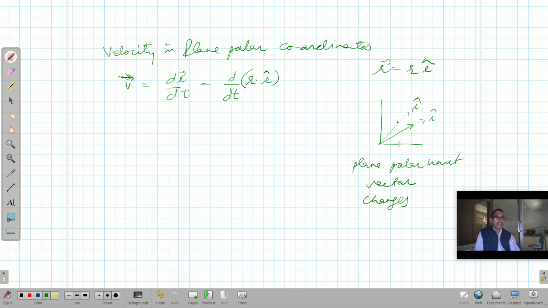And say the angle is this, the theta cap is along this direction. When the object is here, the theta cap goes like this. So r cap and theta cap both change with time.